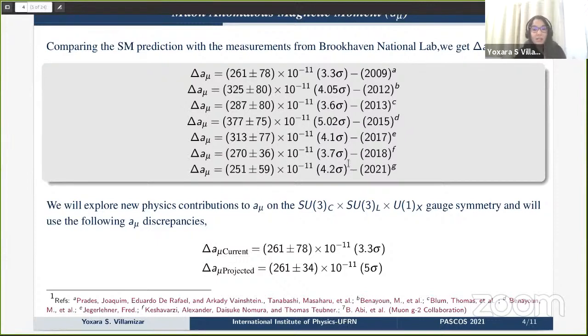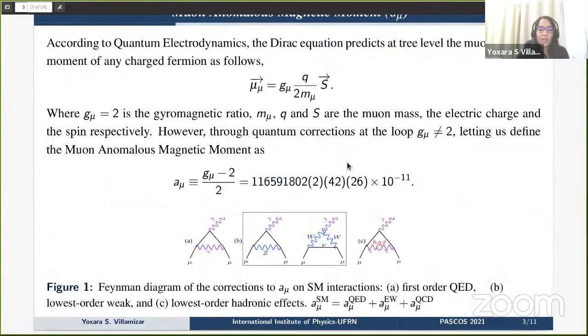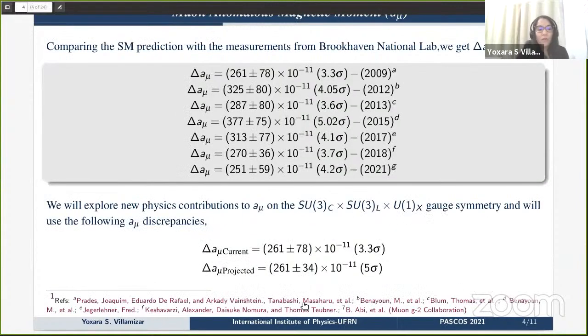For these discrepancies, it is interesting to analyze new particles in a loop that contribute to g-2. In this way, in our work, we explore new contributions and new particles in a loop that contribute to g-2 for some models with the 331 gauge symmetry.